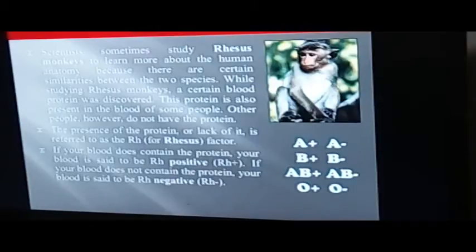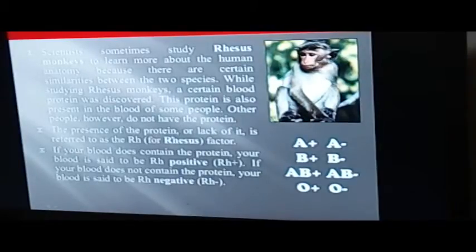RH factors or rhesus factors. This is from the rhesus monkey. We inherited some of these factors from these monkeys. These factors are proteins that are present in the blood of some people and not in the other.